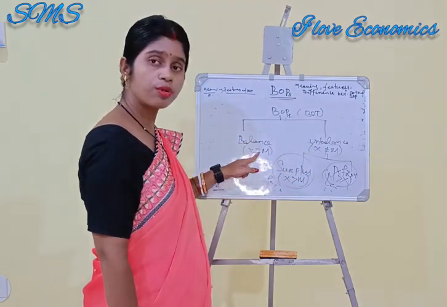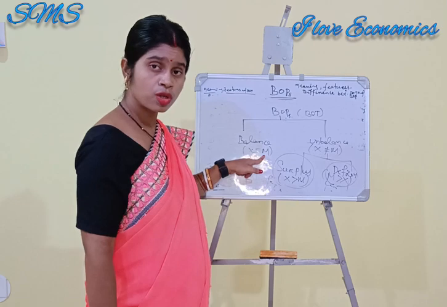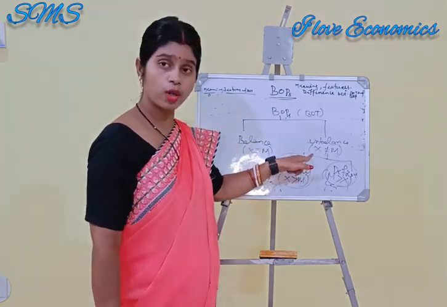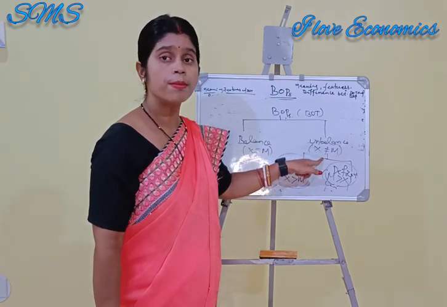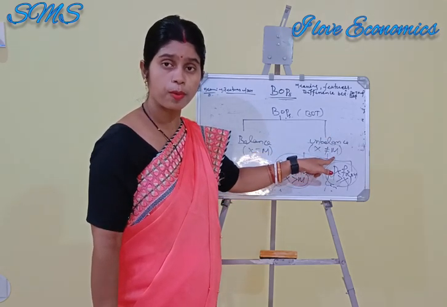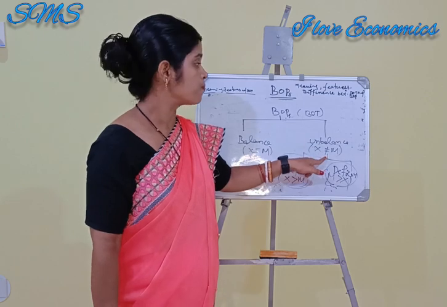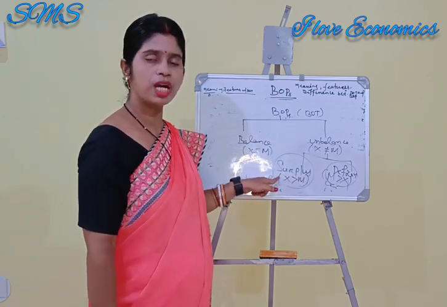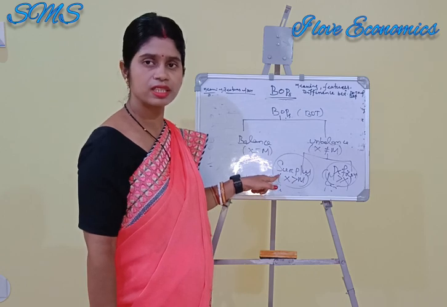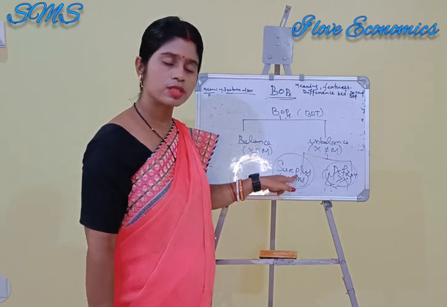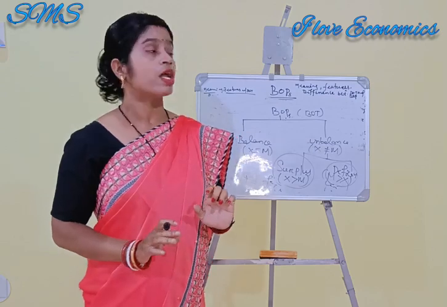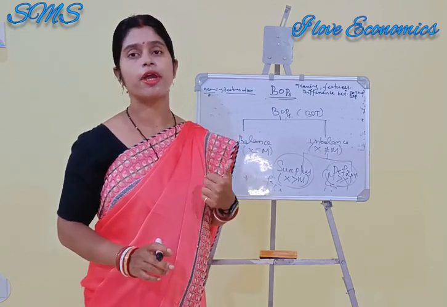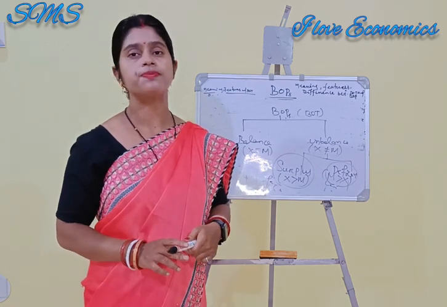When export is equal to import of only visible items, balance of trade is balanced, and when this is not equal, that means the export of visible items is not equal to import of visible items, so balance of trade is unbalanced. Sometimes export of visible items is greater than the import of visible items, that's why this is surplus. Okay, this is all about the meaning, features and difference between balance of trade and balance of payment.